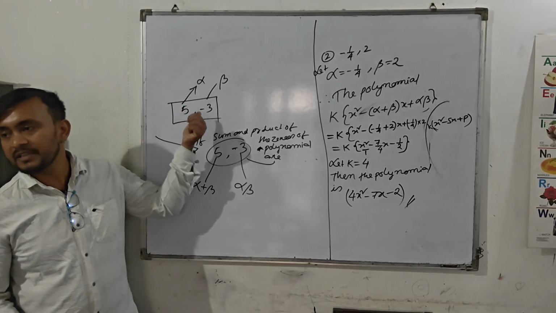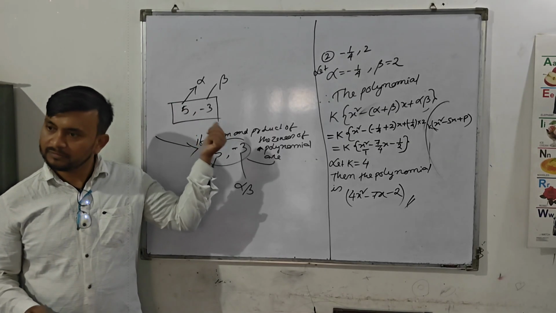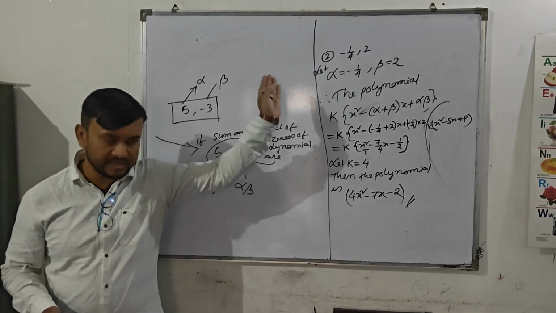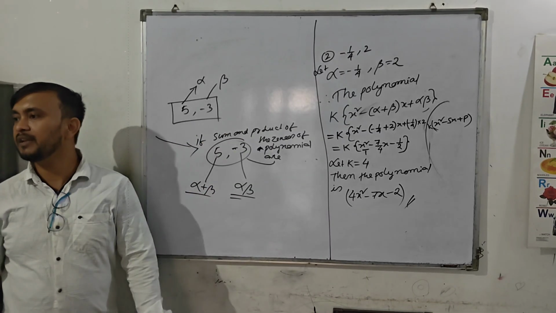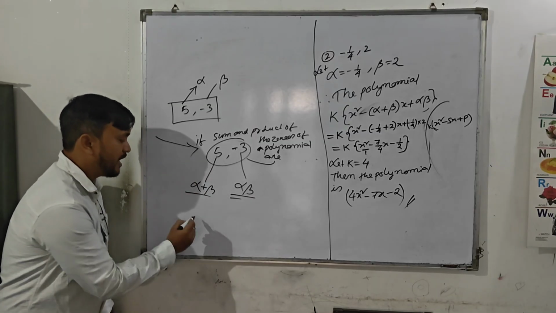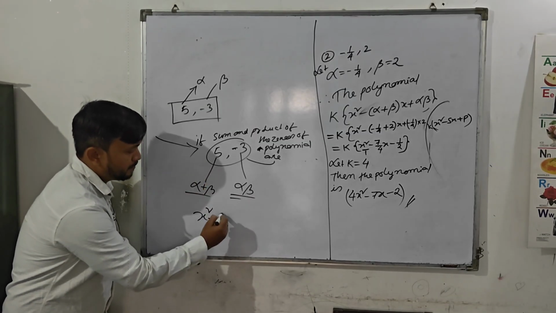If the question says the zeros are given, then you have to do the process like this, but if their values are ready-made given, then you have to put them directly, like x squared minus 5x.